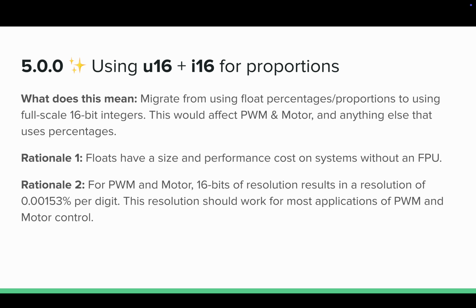uint16 is useful on 32-bit systems because you can multiply two U16 numbers together, and that operation can fit within a 32-bit number, meaning that your multiplications are fast. Before, just a little reminder, when we were doing a lot of work with floating point, the operation we were trying to use was fixed point everywhere, for all types of proportions, for all possible things, and that got really complicated and really messy.